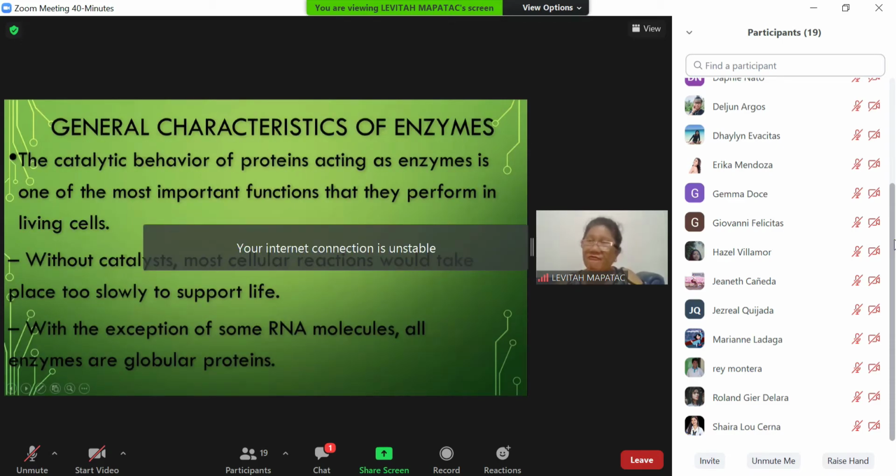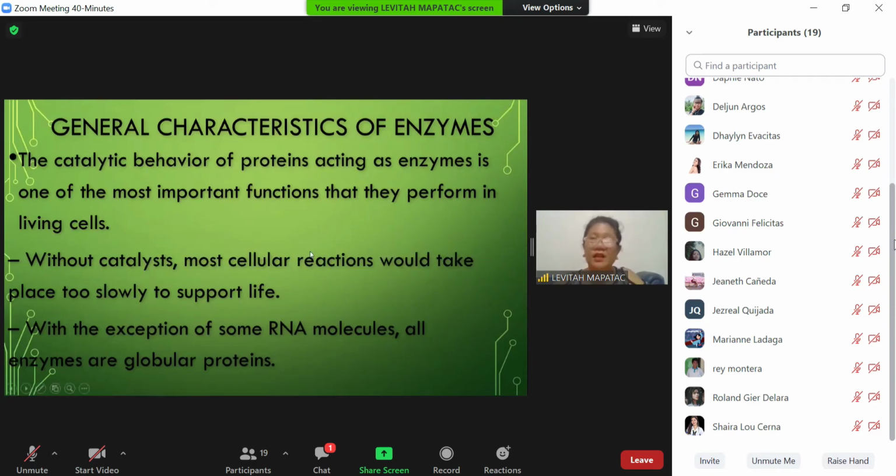And this is a very important function in every living cell, because when an enzyme acts on a substrate, it will produce a product. Can you imagine body function without enzymes? It is not possible. Most of the cellular reactions are always supported by an enzyme. There is always an action of an enzyme.